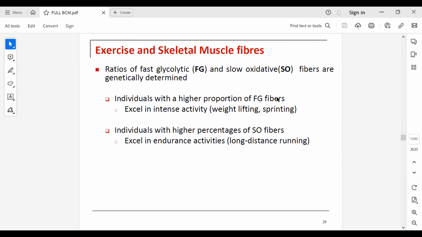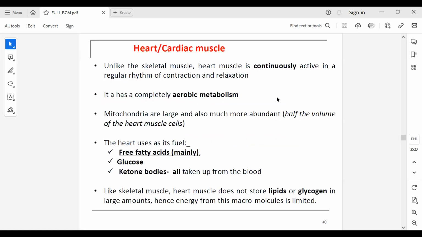So again, this ratio of fast glycolytic and slow oxidative fibers depends on the individual. If you've been doing sprinting, you'll have more of the fast fibers. If you've been doing long marathons, you'll have more of the slow oxidative. We already know about the cardiac muscles, which rely mostly on aerobic metabolism.